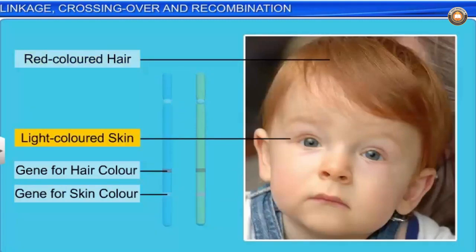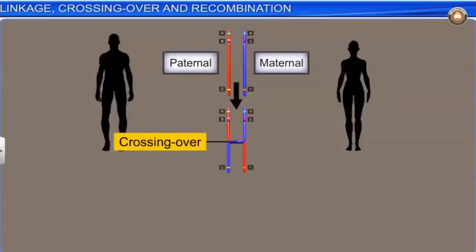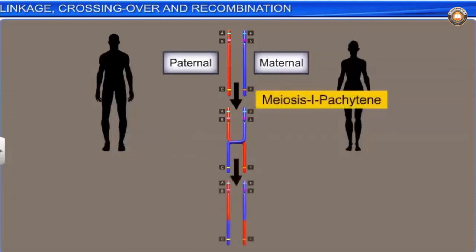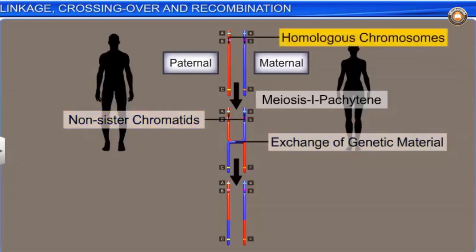the other trait too. This phenomenon of linkage can be better understood through a process known as crossing over, which occurs during meiosis. During the Pachytene stage of meiosis 1, sections of a chromosome usually intertwine and exchange genetic material between non-sister chromatids of homologous chromosomes.